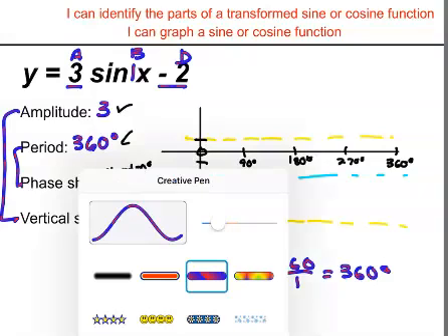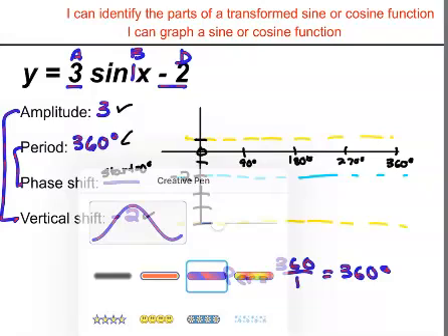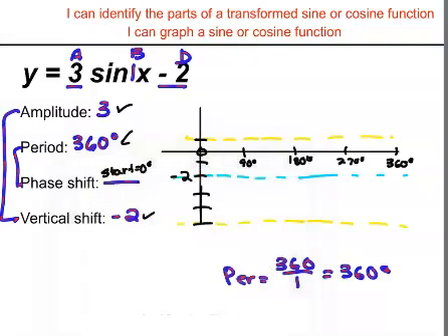But again, if I want to put where the end of that is, we're going to start at 0, end at 360. Now it looks a little funny because you can notice my scale is not great. My bottom half is bigger than my upper half, but we'll just live with that. Now I'm just going to do my regular sine graph.